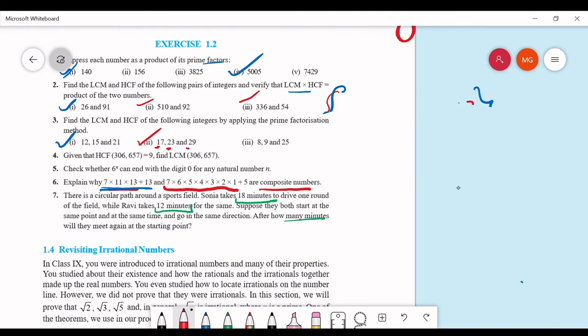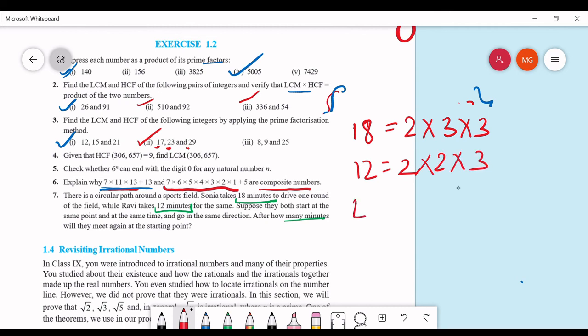This is 18. How can you write this? You can write this as 2 multiplied by 3 multiplied by 3, right? And 12 can be written as 2 multiplied by 2 multiplied by 3, right? So if I calculate the LCM, I'll be getting 2 and 3, so you can write 2 to the power 2 multiplied by 3 to the power 2.